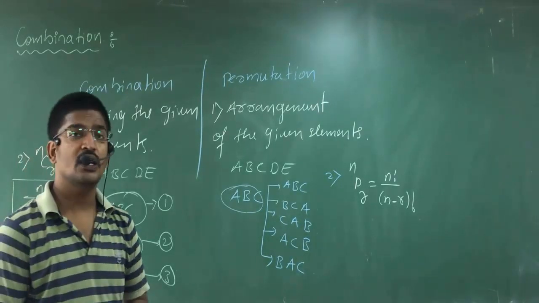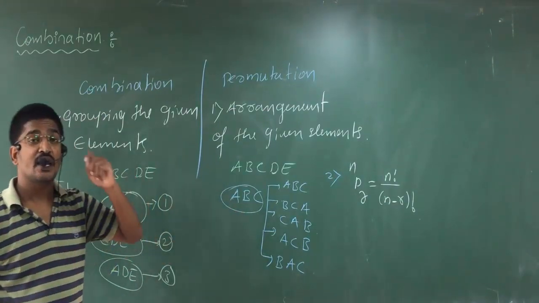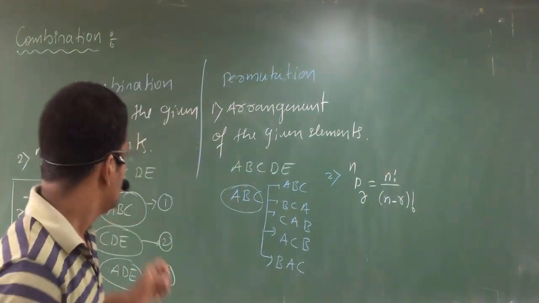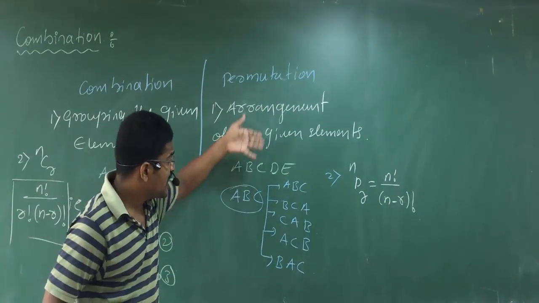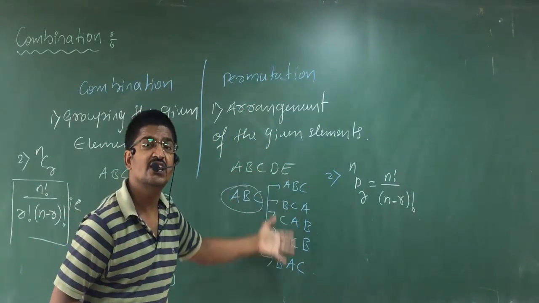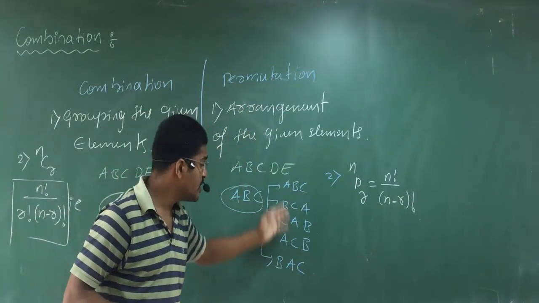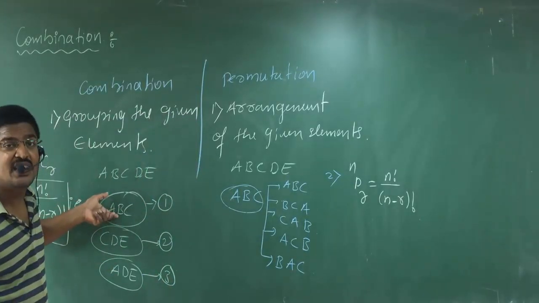Are you getting my point? So by looking at this, the number of permutations is always greater than the number of combinations, because out of these 3 I am going on making these arrangements. From this one you have so many arrangements. I have just written the examples here. Clear? But if I choose this combination, then it is over.